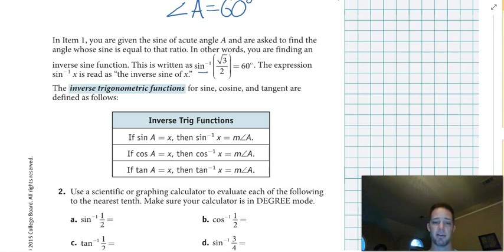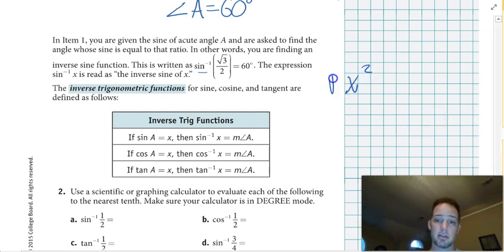All right, so we have inverse operations for sine, cosine, and tangent, and this makes sense as inverse operations undo a trigonometric function. Just like, if you wanted to undo a square root, you could square it, or vice versa. If I have x squared, what's the inverse of that?